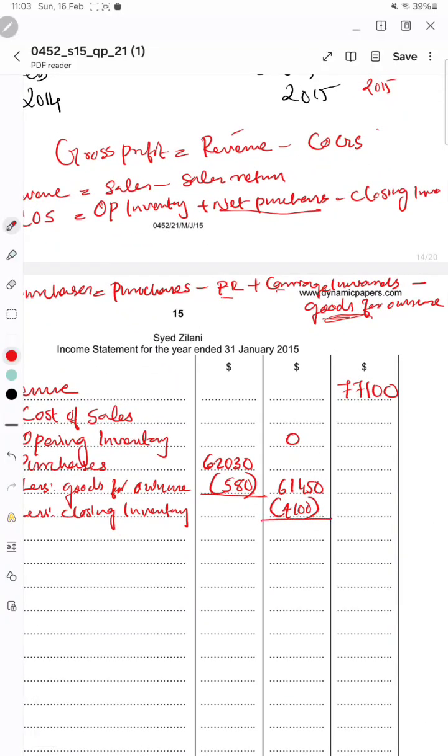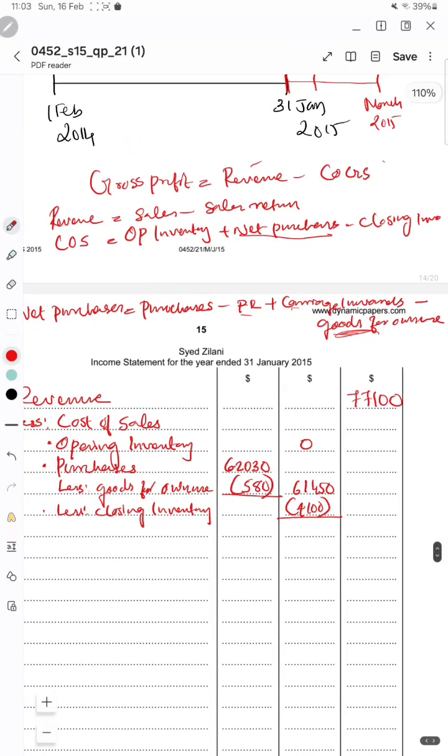Now take the items to the outer column. There is no opening inventory, so it's 0. So opening inventory plus net purchases minus closing inventory: 0 plus 61,450 minus 4,100 will be 57,350. This is called the cost of sales.